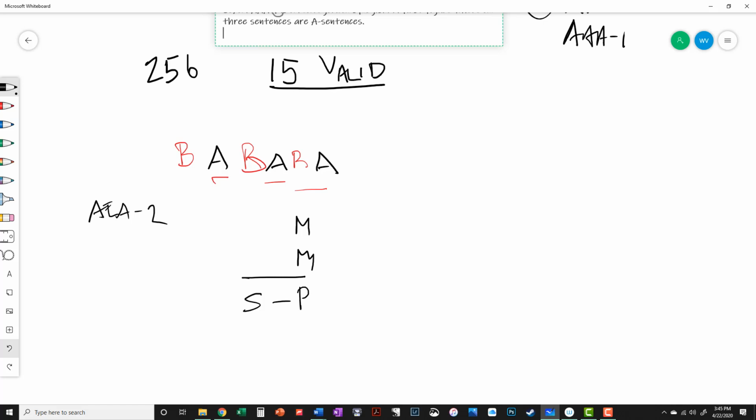The predicate term of the conclusion is the major term, so it appears in the first premise. The subject term of the conclusion is the minor term. It appears in the minor premise. And there's the form of that argument. It's an AEA, and that's in figure 2 because the middle terms are vertically one above the other.